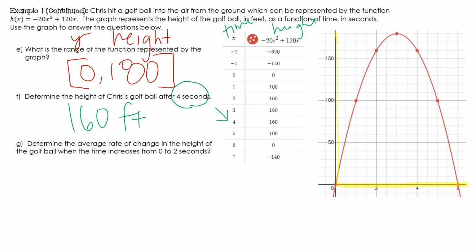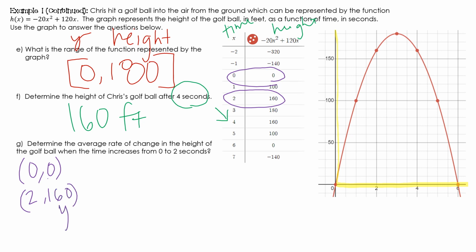Determine the average rate of change in the height of the golf ball when the time increases from 0 to 2 seconds. So what is this rate of change between 0 seconds and 2 seconds? So the table is probably the easiest place to look. And then we just need to make sure that we know our formula for average rate of change, and it's the same formula as the slope formula: y2 minus y1 divided by x2 minus x1. And the order doesn't matter, so we could do 160 minus 0 over 2 minus 0.